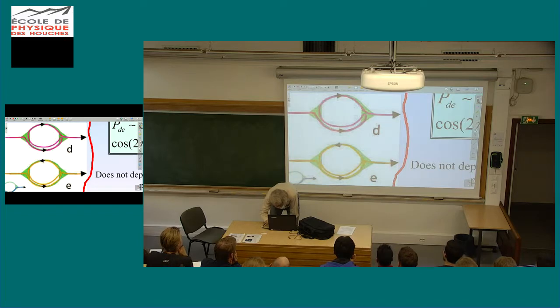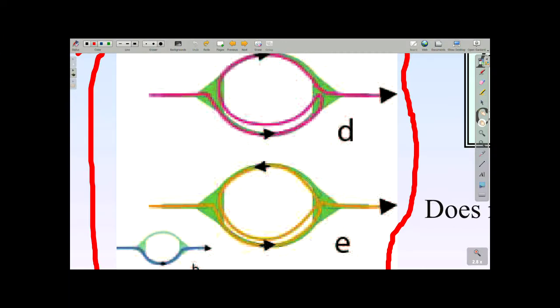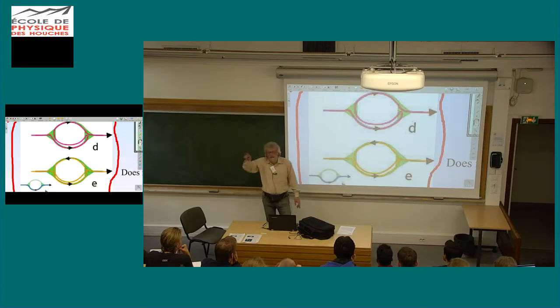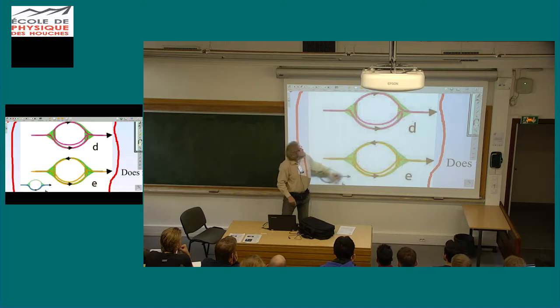Does it answer your question? So both paths make a loop. D does it, let's see how the clock goes, in clockwise direction. And this does it in counterclockwise direction.